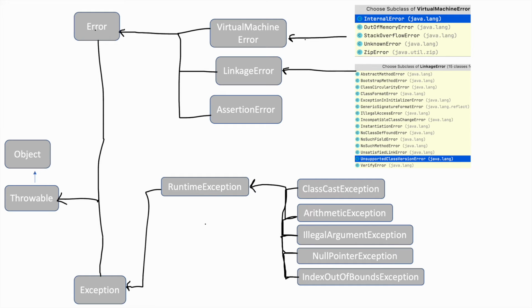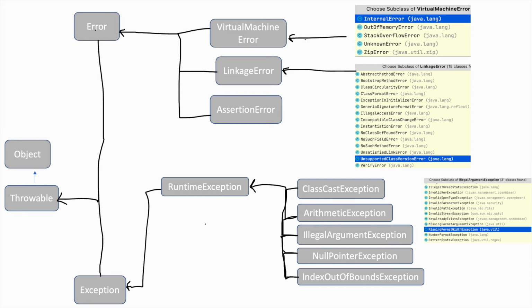ClassCastException. When we try to convert from one class to another class, that means if we try to convert incompatible types, at that time we will get this ClassCastException. ArithmeticException. Divide by 0 is the best example for ArithmeticException. IllegalArgumentException. In Java, there are 31 subclasses for this IllegalArgumentException.